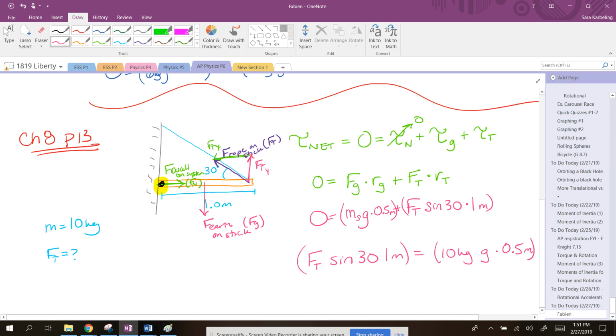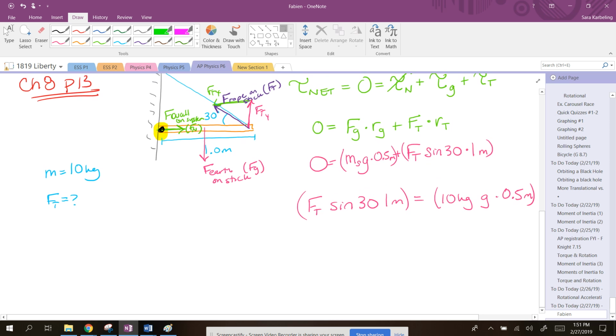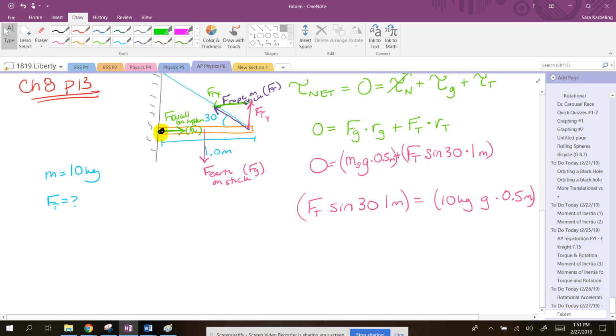Does that get you where you need to go? So using Gunner's shortcut, we're going to say g is 10. So that makes this 100, which makes this 50, right? So it's going to be 50 divided by the sine of 30. Okay. You got that. All right.